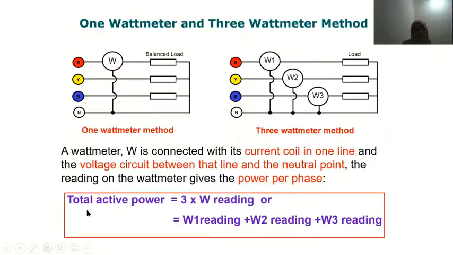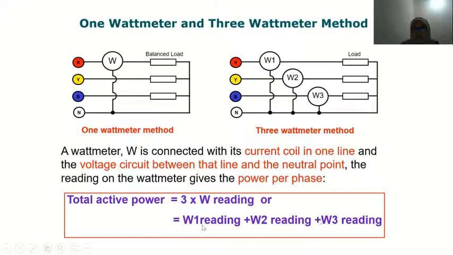In order to get the active power using only the 1 wattmeter method, you just multiply the reading by 3, and you will get the total active power. Whereas for the 3 wattmeter method, you use a wattmeter for each of the 3-phase wires, giving wattmeter 1, wattmeter 2, and wattmeter 3 readings.